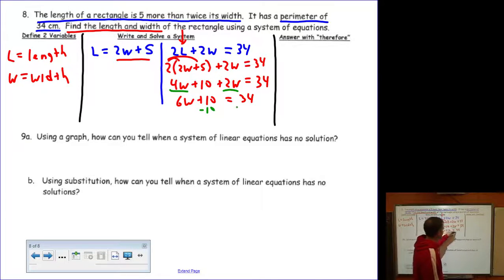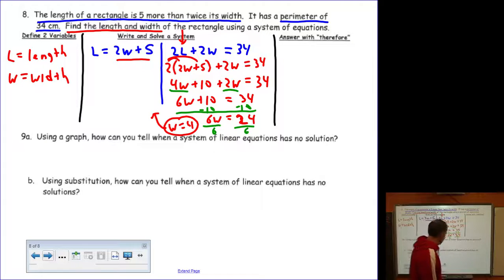I would subtract 10 from both sides, giving me 6W equals 24. And then finally, I would divide by 6, and I would get W equals 4.